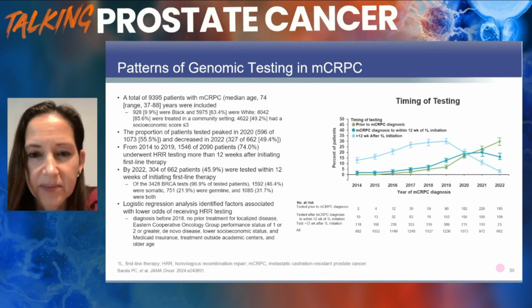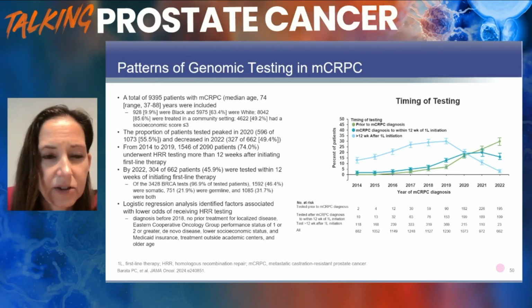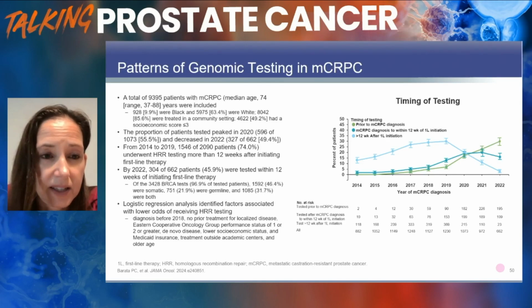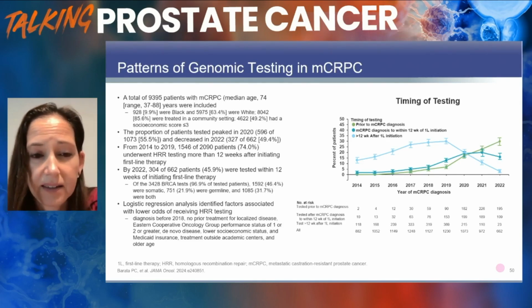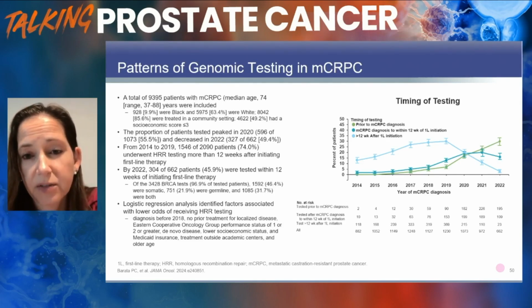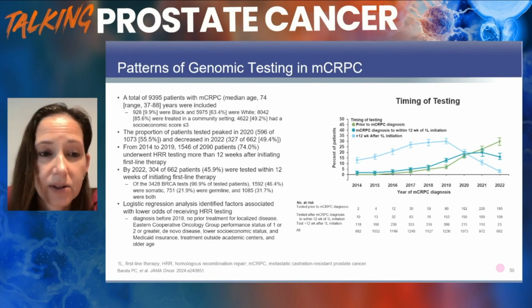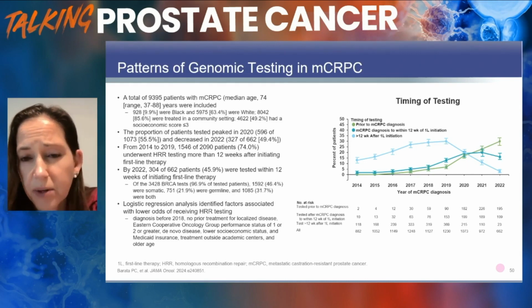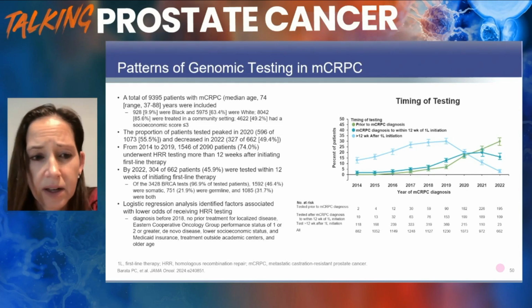Yeah, so specifically addressing this question of are we doing the right testing? It looks like, as recently as 2018, 2020, a significant percentage of mCRPC patients were not undergoing testing. There had been an upward trend, but it's dropping off a little bit again now.